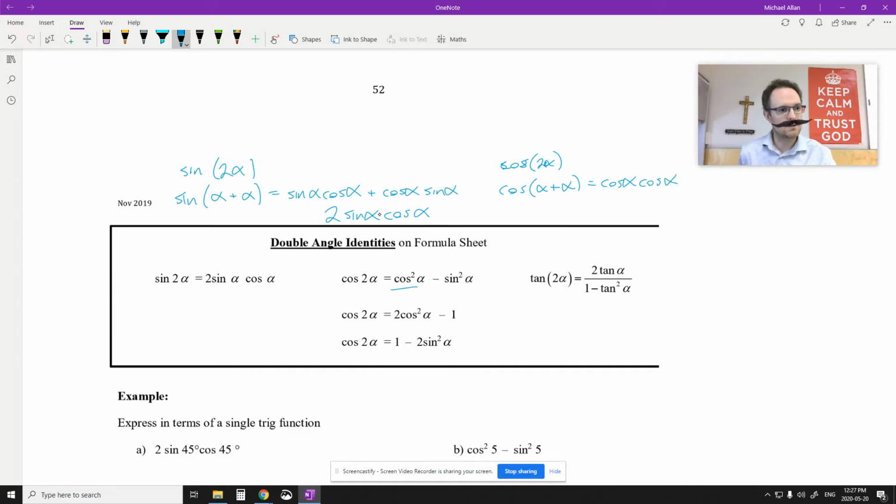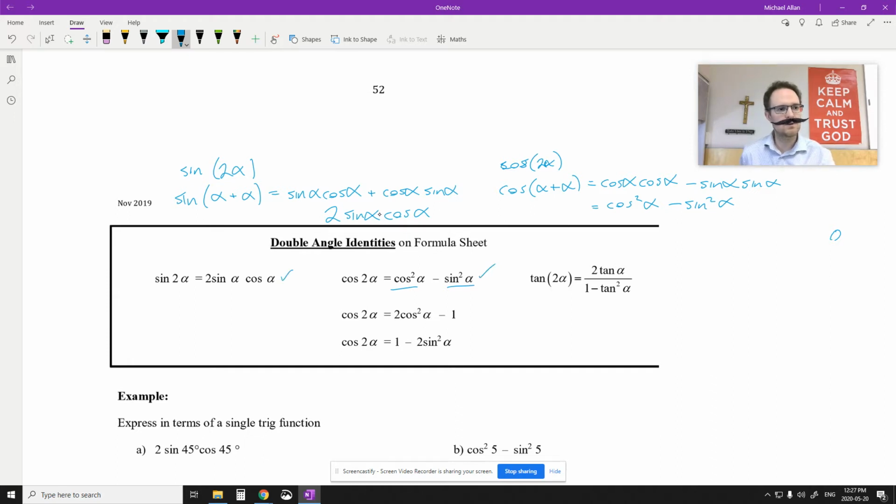So that's where the cos squared comes from. And then it's a minus, sine alpha times sine alpha. So that's where this other part comes from. Okay, so it's minus sine. Okay, so that's where this identity comes from.